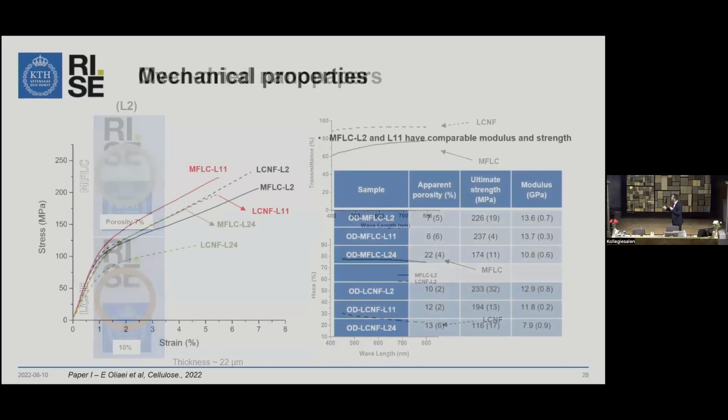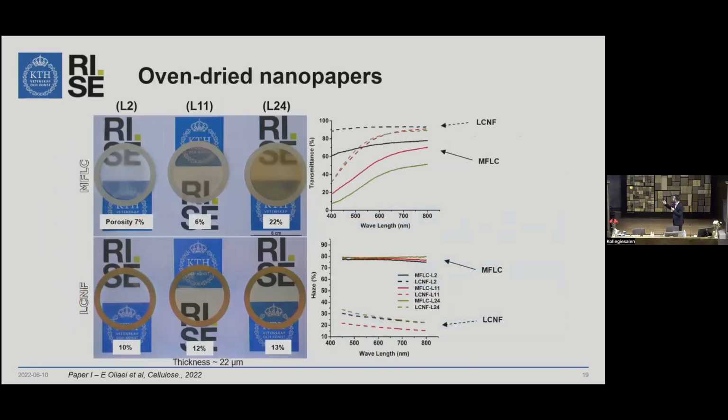This is the same case for the different compositions as well, and we also see that with increase of residual lignin content, the transmittance decreases, and this is related to the light absorption of the chromophores in the lignin, and this is particularly in the low wavelengths. And this sample, MFLC with 24% residual lignin content, had the highest porosity, and it showed very low transmittance.